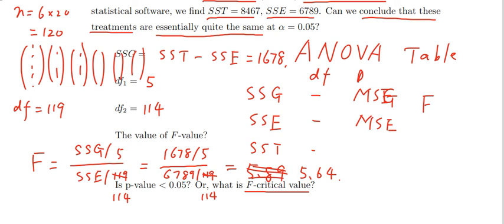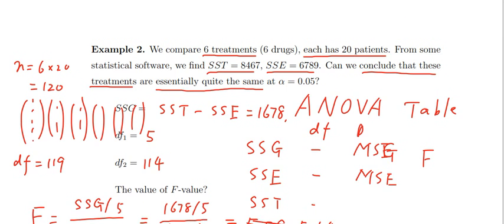Then we determine whether this is a big or small number by checking the F table, with degrees of freedom 5 and 114. So we go back to the F table.